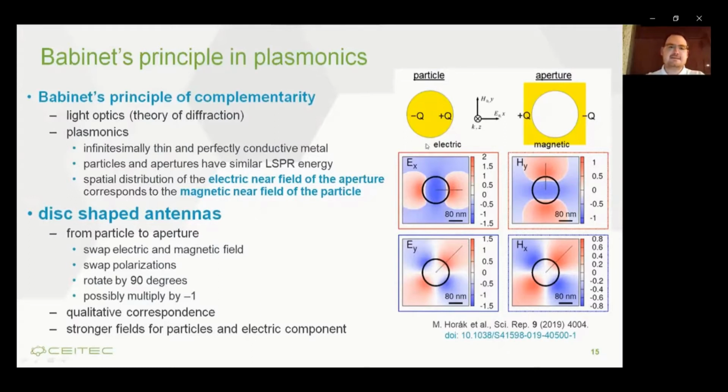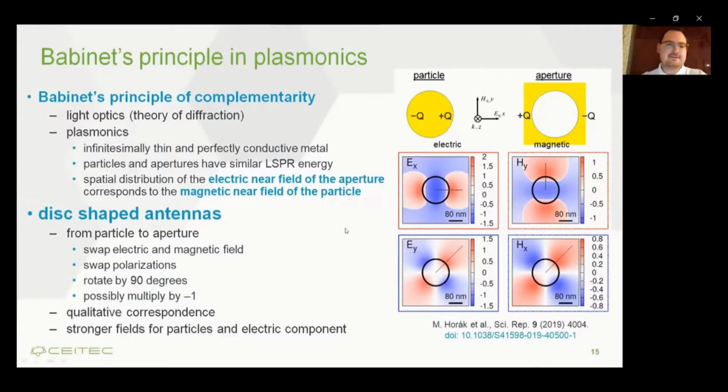It means in the case of the particle, you have the electric field. Here are plotted EX and EY, the in-plane components of the electric field. So you have to swap to the magnetic field and swap polarization. So EX corresponds to HY in the case of the aperture, and you have to rotate by 90 degrees and possibly multiply by -1.